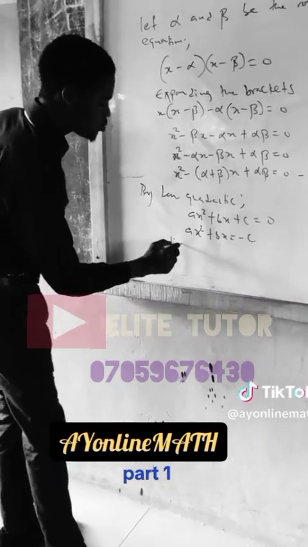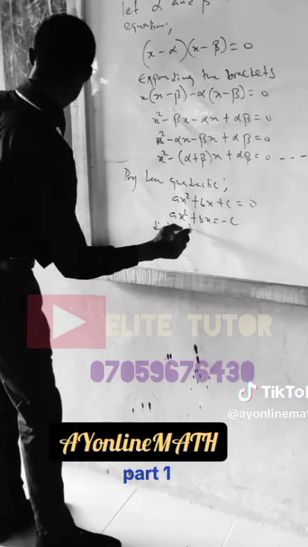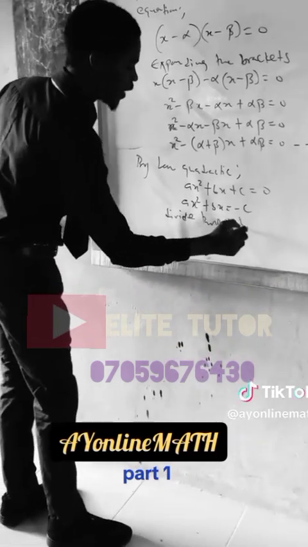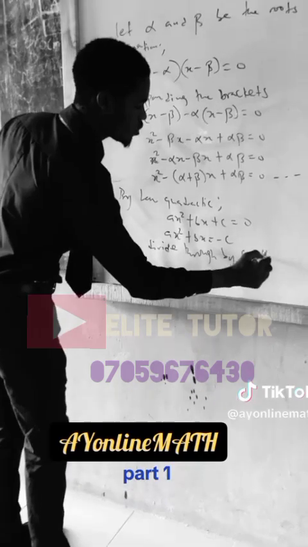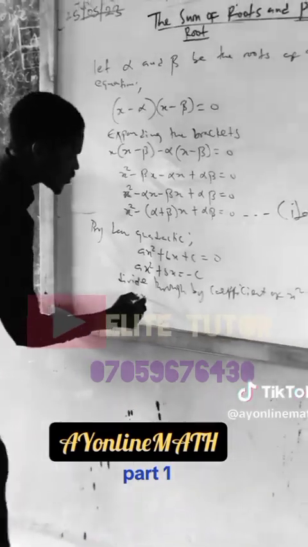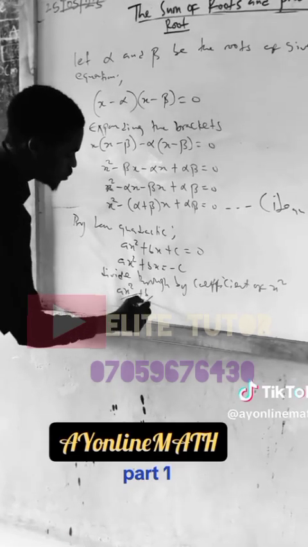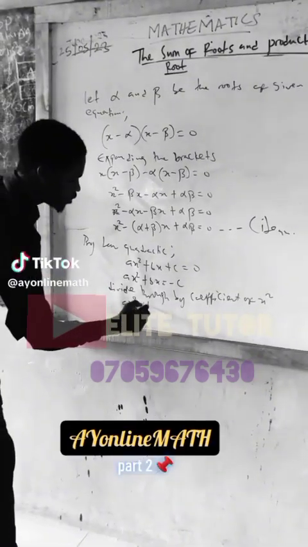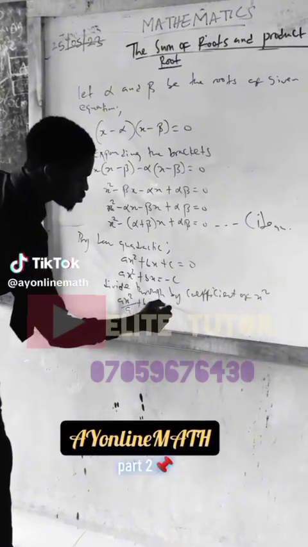Now we divide through by the coefficient of x squared, that is a: x squared plus b over a x equals minus c over a.